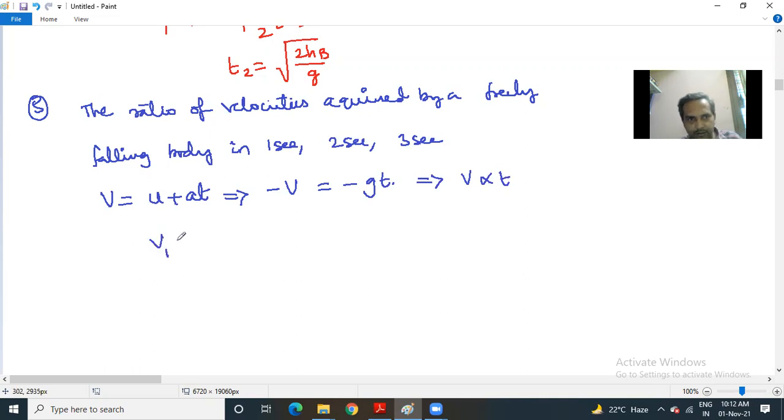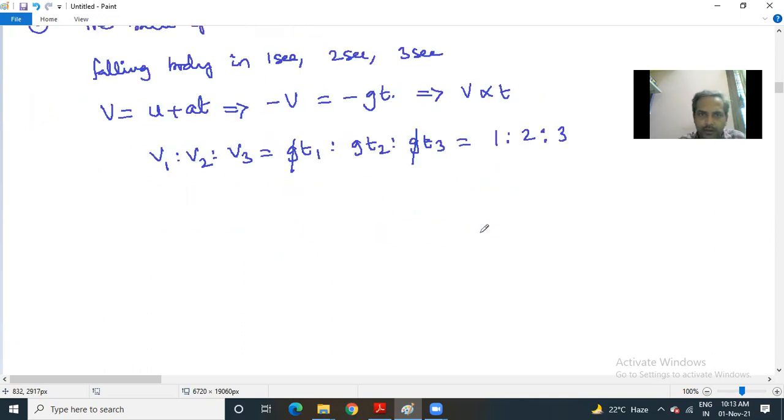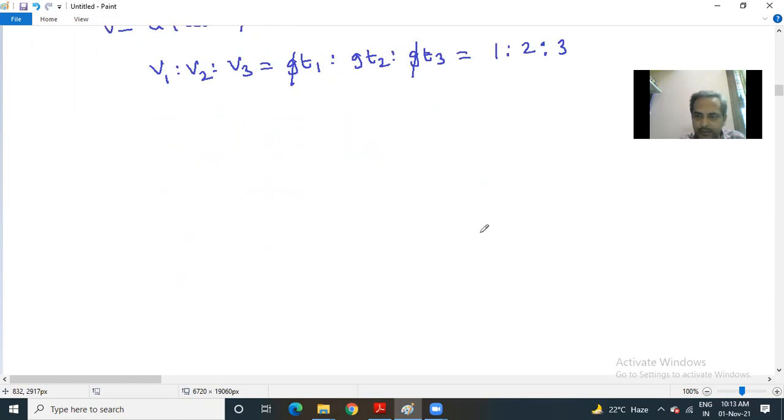Now v1 is to v2 is to v3 is equal to t1 is to t2 is to t3. You can write even g t1 is to g t2 is to g t3, so 1, 2, 3. Therefore, g is anyhow cancelled. It will be 1:2:3.